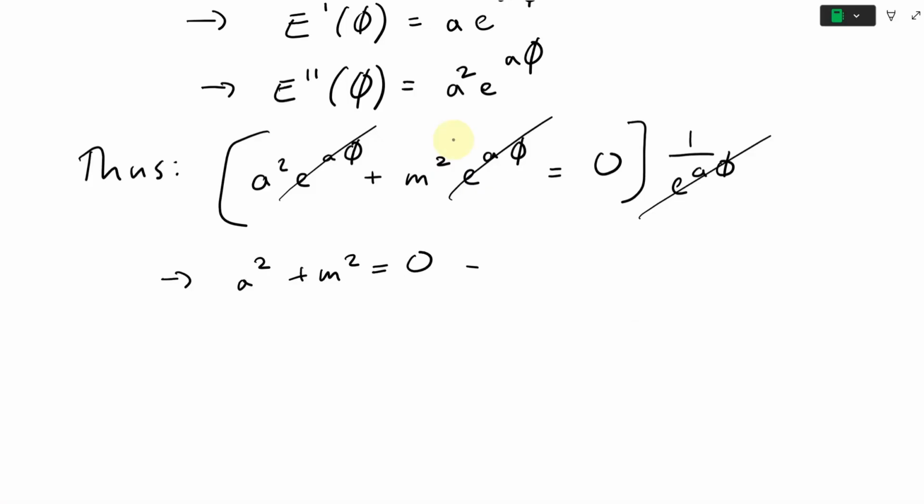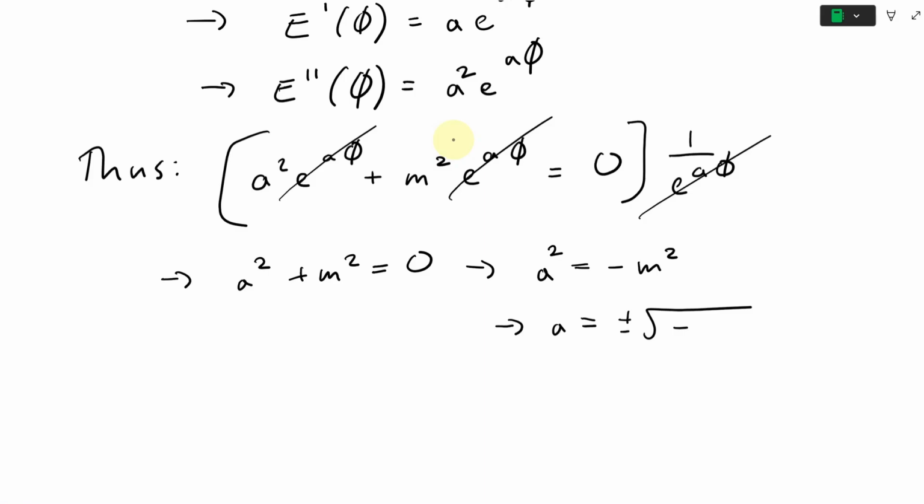So in other words, we get a. A is going to be, this is going to be moving over to the other side, so we're going to get a negative m squared. Actually, before we even write that, I'll just write this down. We're going to get a squared equals negative m squared. And the only way to do that is using complex numbers. So a equals plus or minus the square root of negative m squared. Because again, you can have minus times minus is going to be positive, and plus times positive is going to be positive.